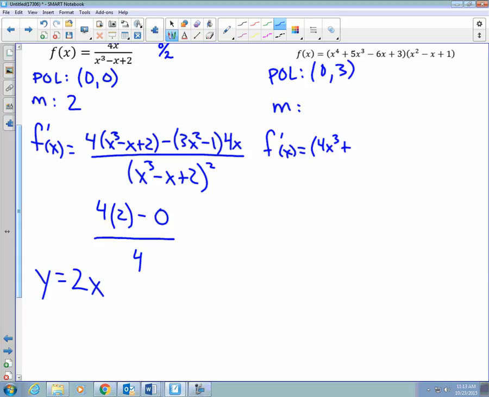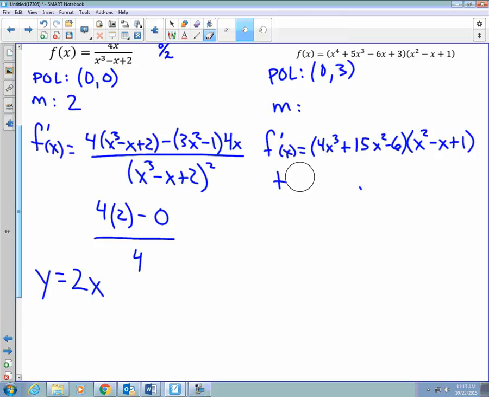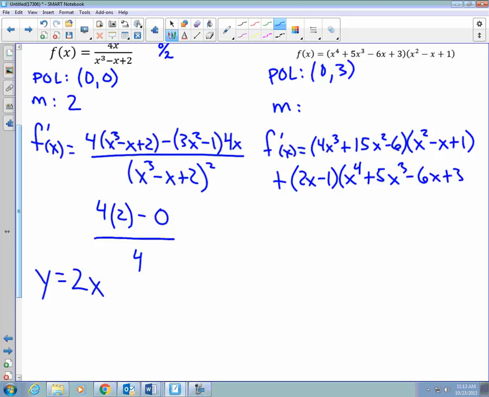Plus minus 6 times the second one left alone. Plus or minus? Plus. Go backwards. Okay, what are you doing now? You're taking the derivative of the second one? 2x minus 1 times x to the fourth, 5x to the third, minus 6x plus 3. Good.